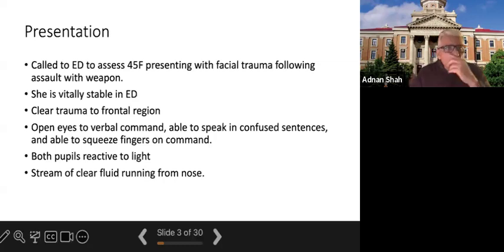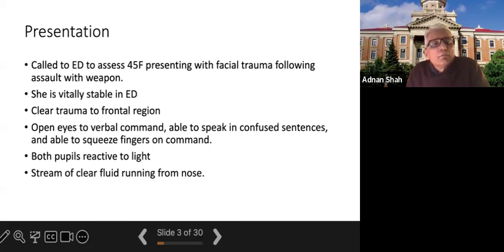So, Jihoon, you're called into the ER to assess a 45-year-old female presenting with facial trauma following assault with a weapon. She is vitally stable, clear trauma to frontal region, eyes are open to verbal command, able to speak in confused sentences, and able to squeeze fingers on command.